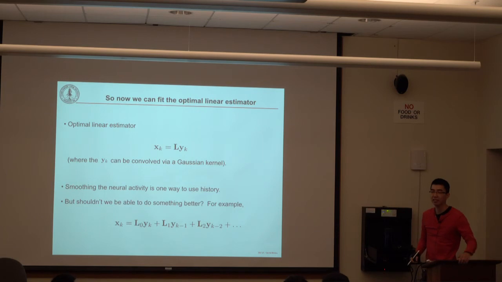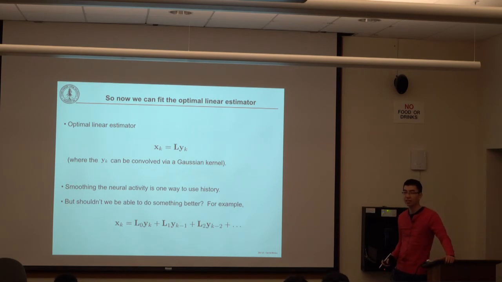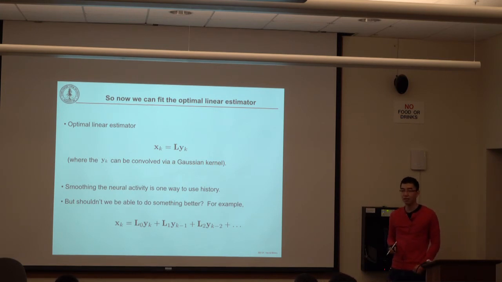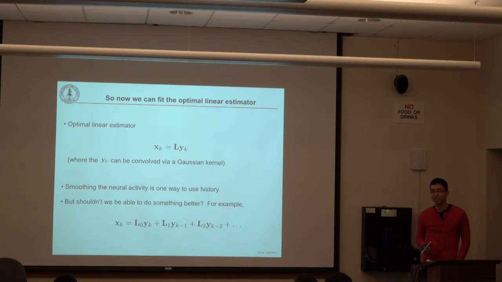Gary? Just a clarification on the convolution. Are we doing a smoothing on the raw data or on the output, on the kinematics? Oh, we're doing a smoothing on the neural data. Okay. Yeah, that's a very good question. Have we ever analyzed whether it's better to do it on the raw data, or the benefit of doing it on the neural data rather than the output?